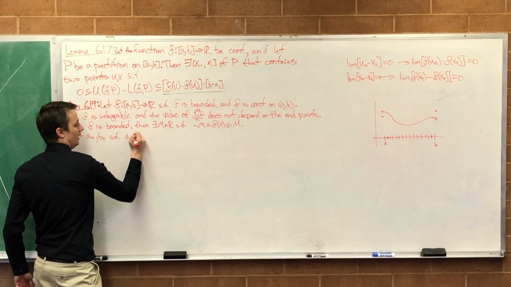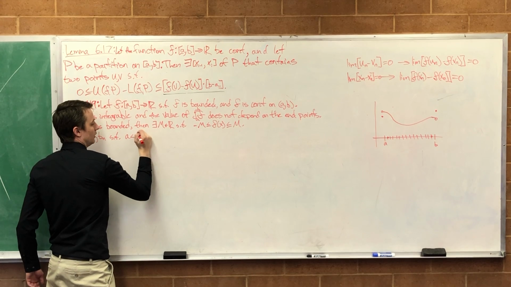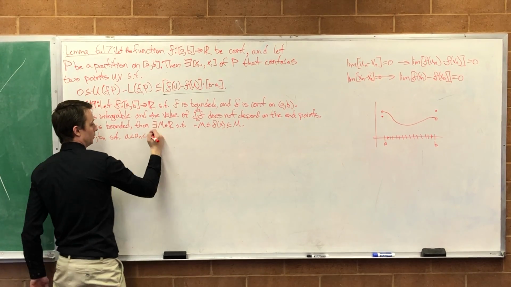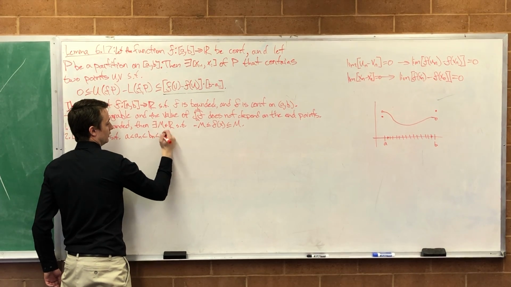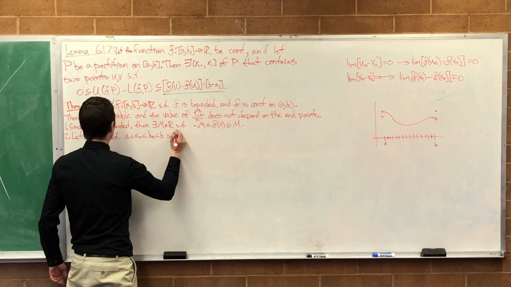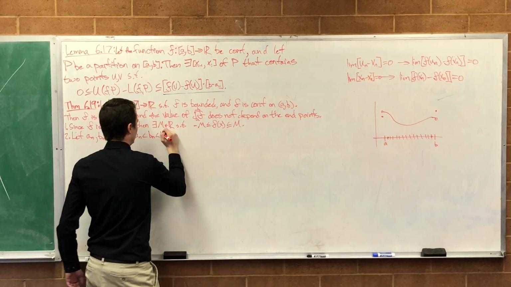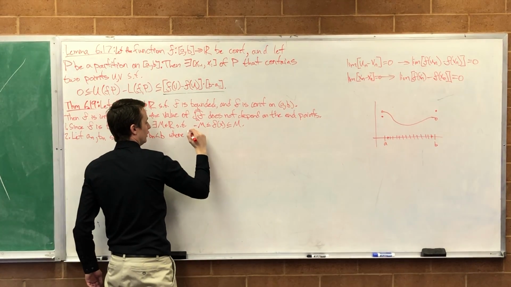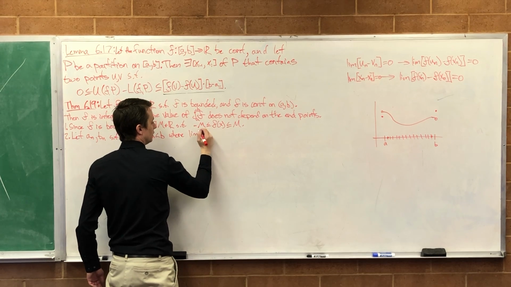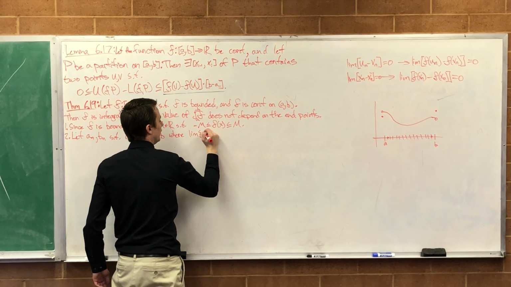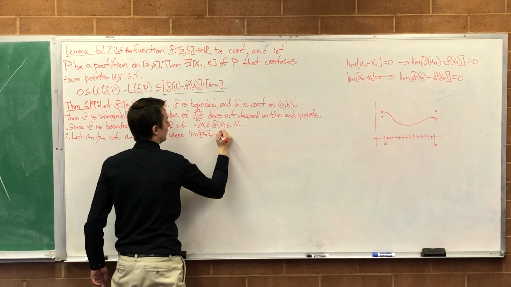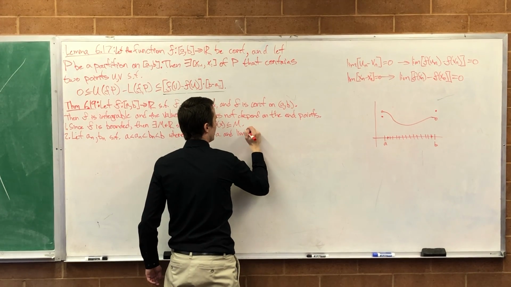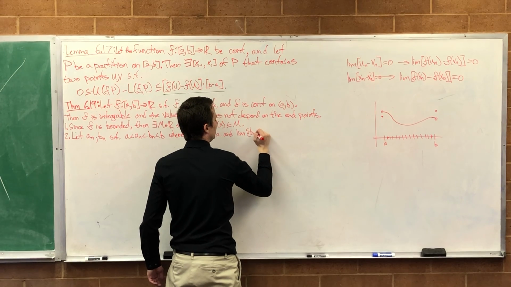So we want a less than a_n less than b_n less than b, where the limit of a_n is equal to a, and the limit of b_n is equal to b.